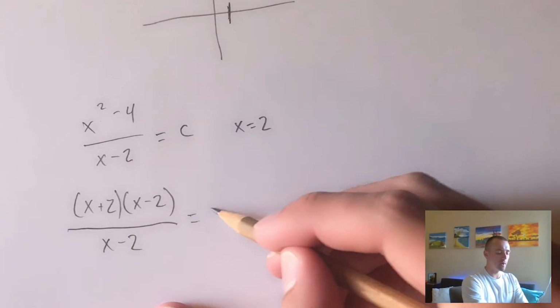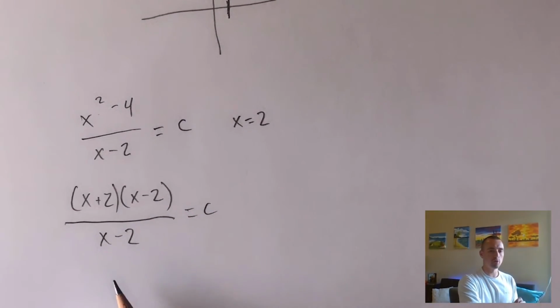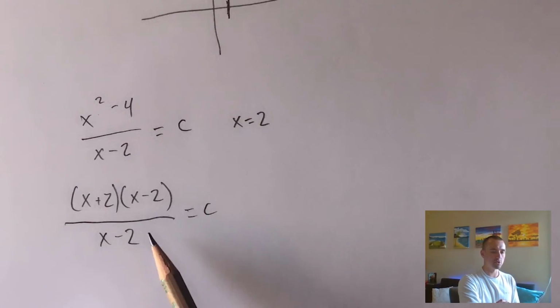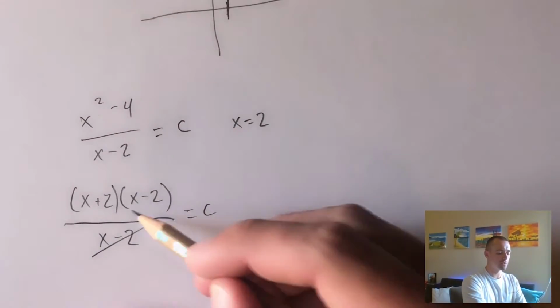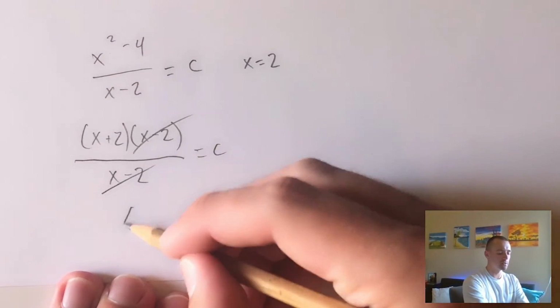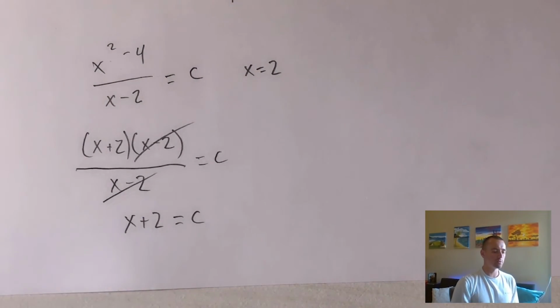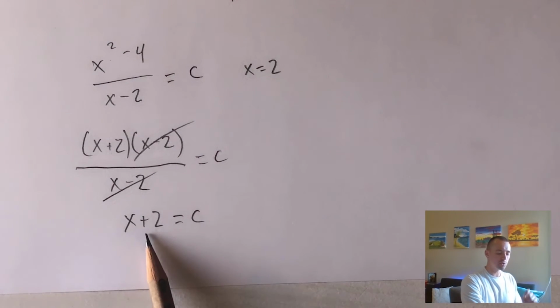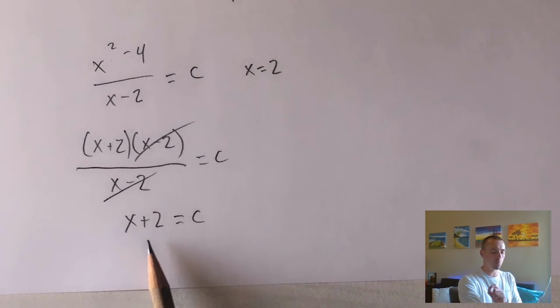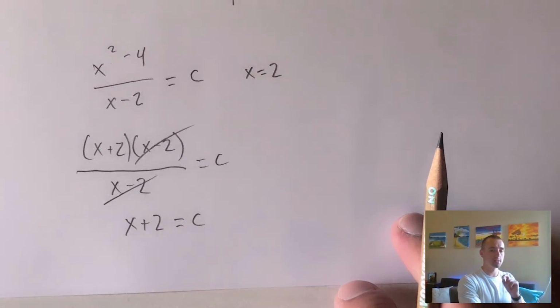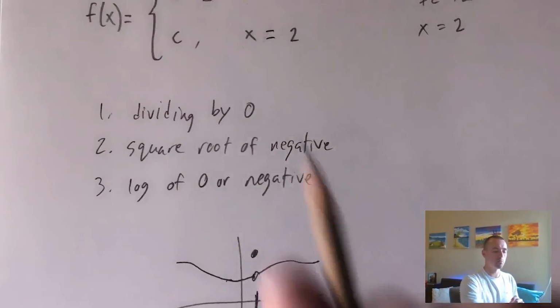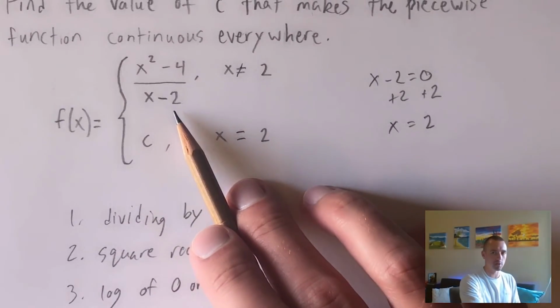You may notice both our numerator and denominator have an x minus 2 term in them, so we can cancel these out. So this chunk of our piecewise function, x squared minus 4 all over x minus 2, is exactly the same as the function y equals x plus 2, except at x equals 2, where we break the rules of math by dividing by 0.